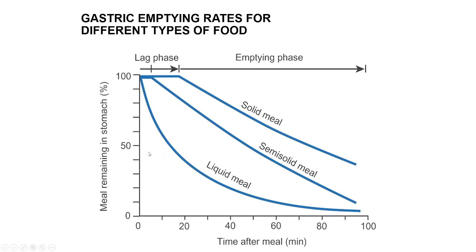Liquid meal evacuates, 50% of it evacuates in the first 20 minutes. After 1 hour, that's pretty much all of it, 90 to 95% is evacuated. Not the same for semi-solid meal, 60% of which stays after 1 hour, and for the solid meal, 40% stays after 1 hour.